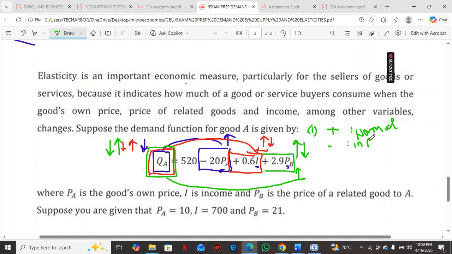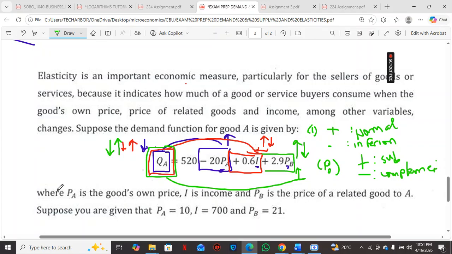For cross price elasticity of demand, positive sign, substitute goods. Negative sign, complementary goods. Even before you do any solving, you should be able to interpret this.